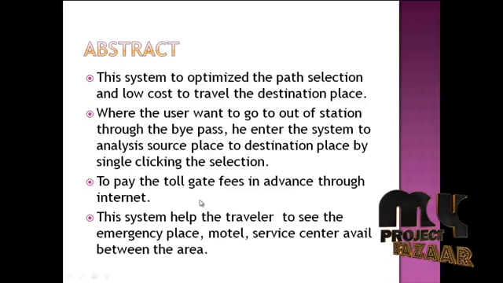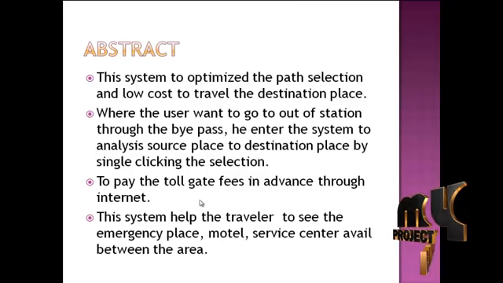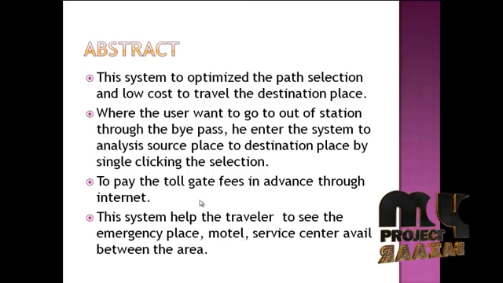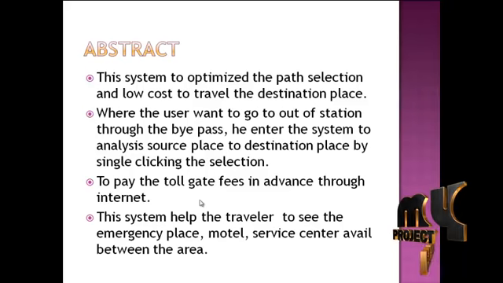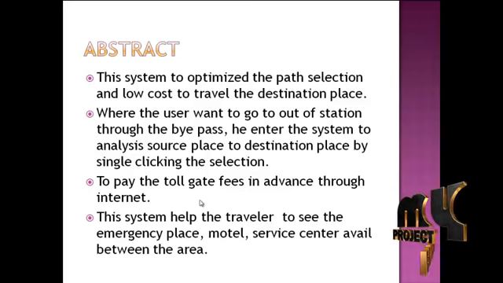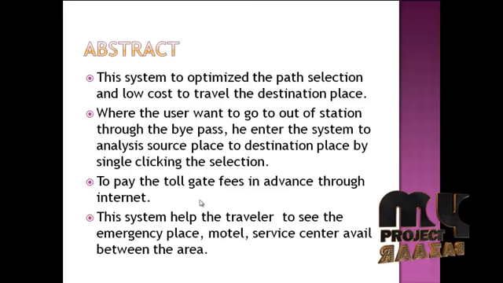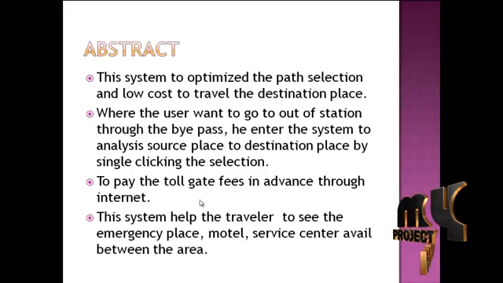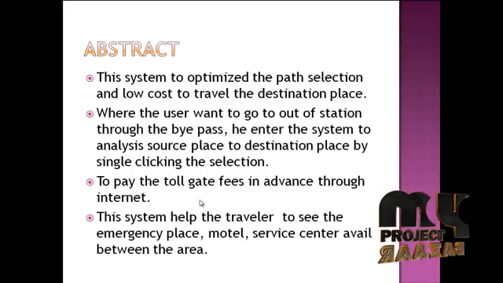There are two users in the current system. One is the administrator, who is responsible for updating the toll amount and any new entries, and any motels or restrooms available on the traveling route are mentioned in the web pages.